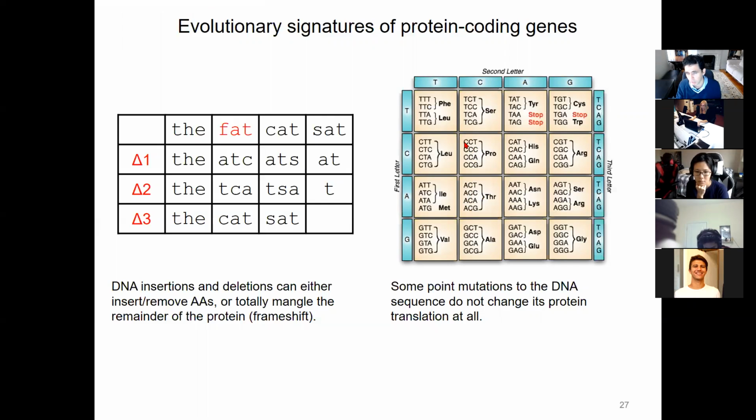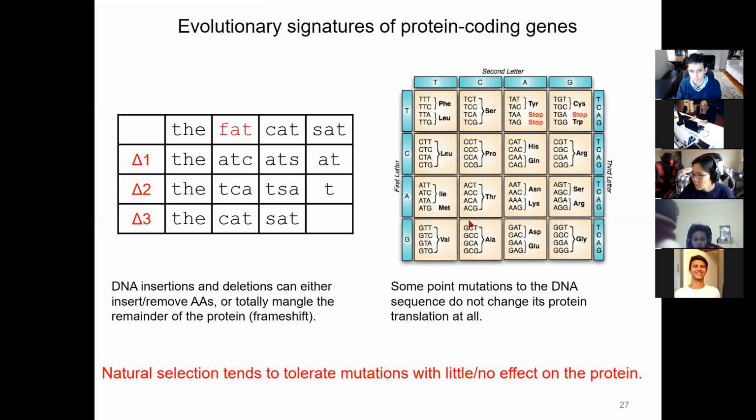And same thing here. If I have the first two nucleotides conserved, the third one is basically free to vary for the vast majority, or for a big portion of the genetic code. So basically, this table of translation of the genetic code is in fact what dictates this periodicity of mutational constraint.